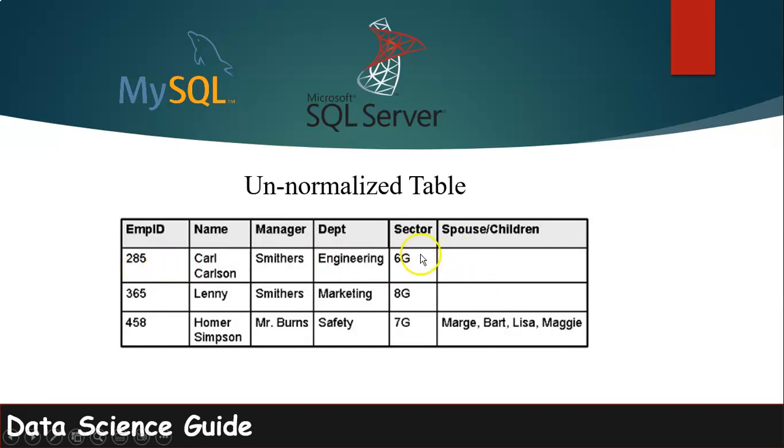For example here, the value in sector should only depend on the employee ID, and should not depend on any other field. Same thing for engineering, same thing for manager, same thing for name. So we should not have a composite key here. We should have only one key, and all the values in the other columns should be dependent on this value.